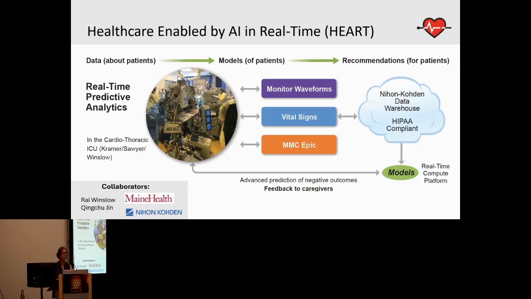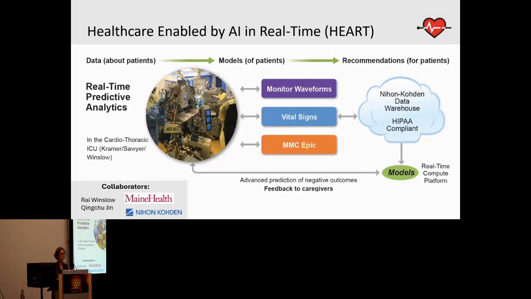My ongoing work in this space is with the cardiothoracic ICU at Maine Health, which is our local hospital system. The cardiothoracic ICU is where all patients who've gone through heart surgery go to recover. And there are many, many adverse events that can happen to these patients. They are very, very sick.